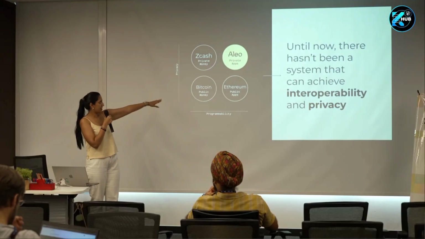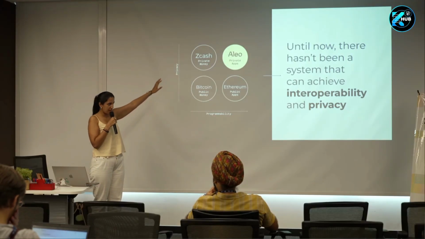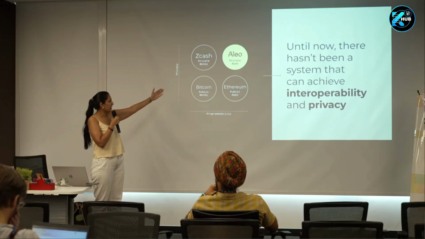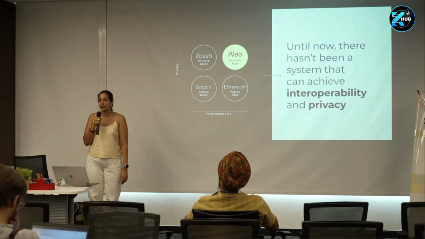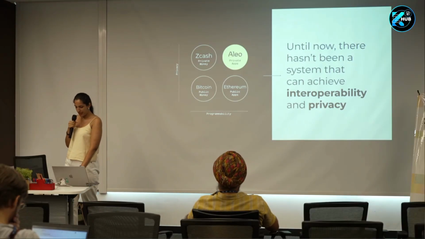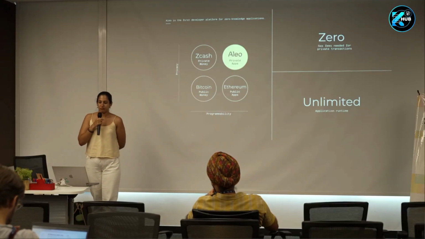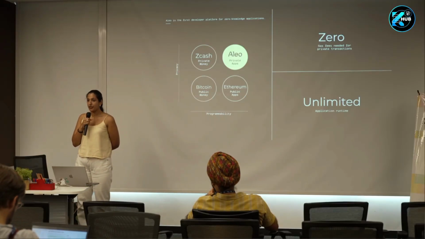But before that, this is the missing gap I was mentioning that Aleo fills in. Until today, before Aleo, there was not a chain which was able to give you this kind of interoperability and privacy. But what I want to come to is two things. So there are zero gas fees needed for private transactions.